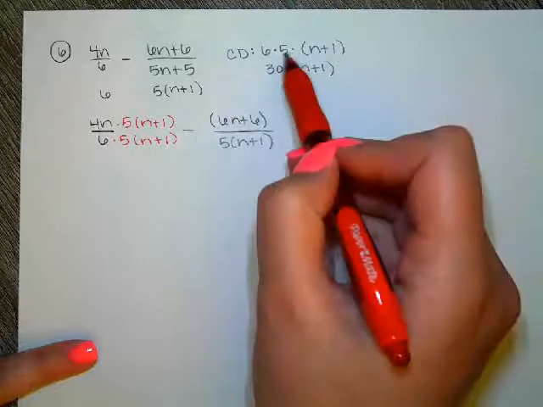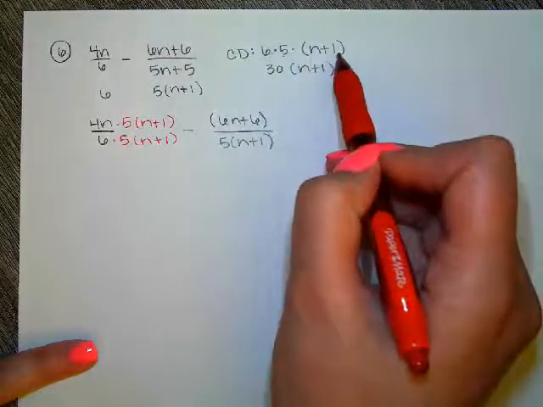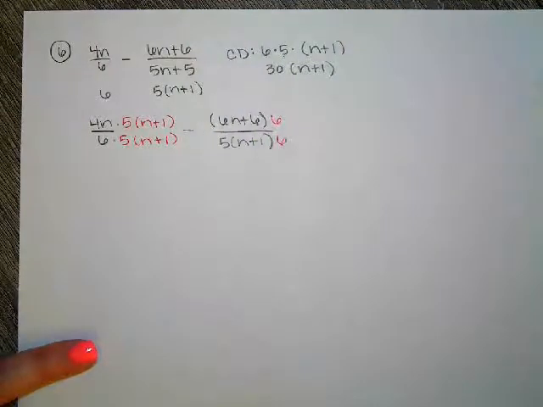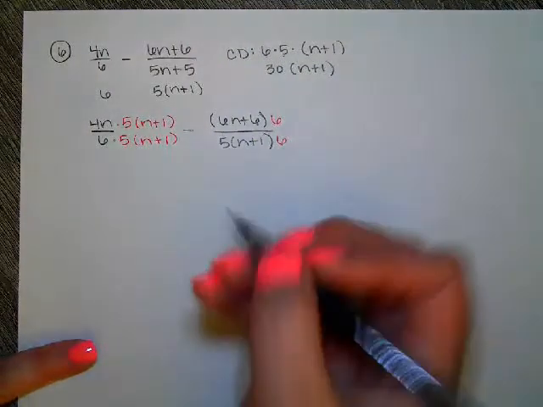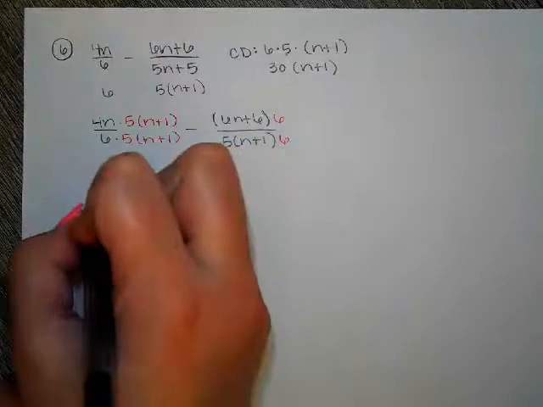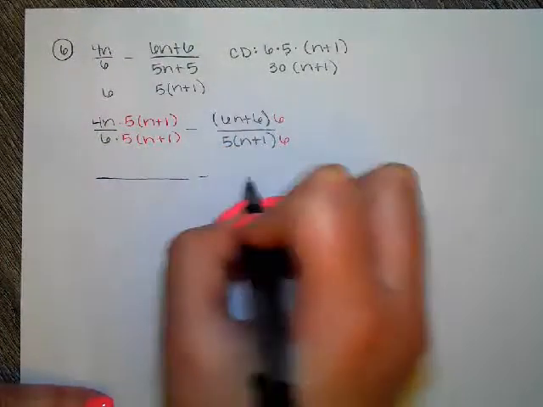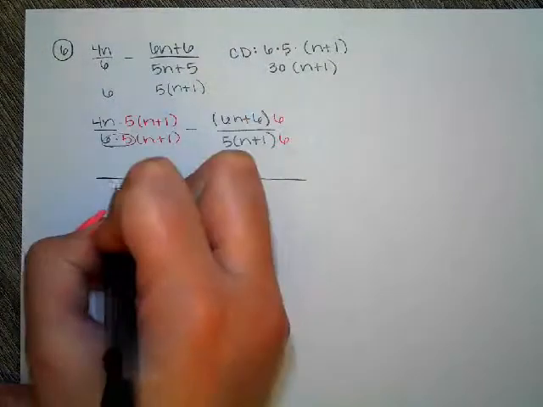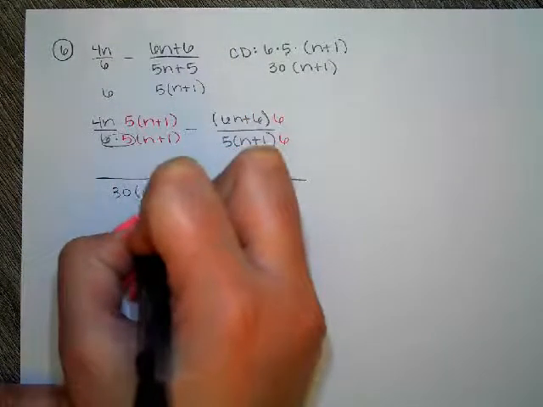Since we have the 5 and the n plus 1, that means we need the 6. So now I'm going to write down my two fractions. I have 6 times 5 is 30, so 30 times n plus 1.